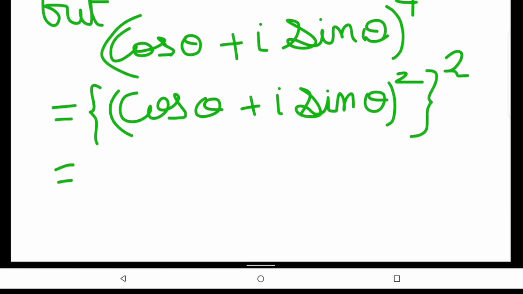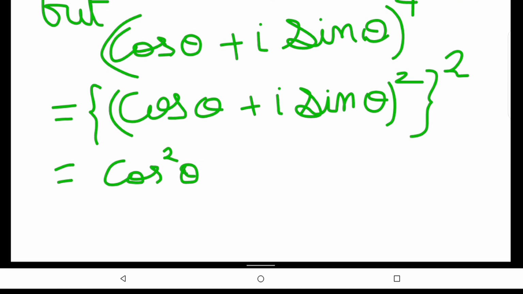Now we have (cos theta plus i sin theta) whole square, that is your (a plus b) whole square, a equal to cos theta, b equal to i sin theta. We know the formula: (a plus b) square is a square plus 2ab plus b square, and a is cos theta, so a square is cos square theta.